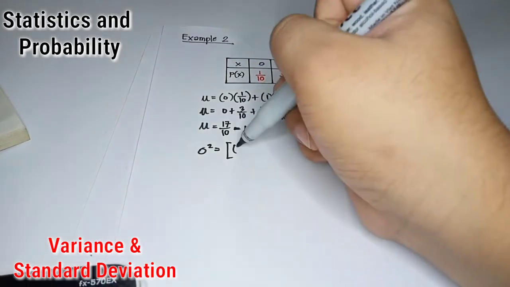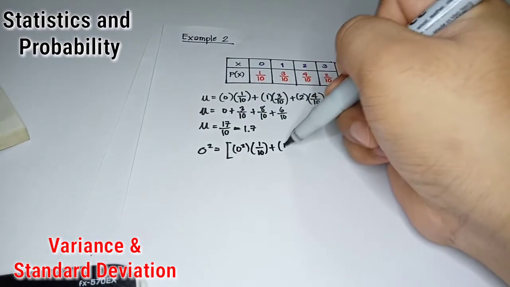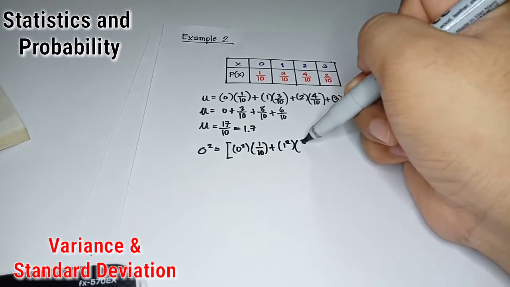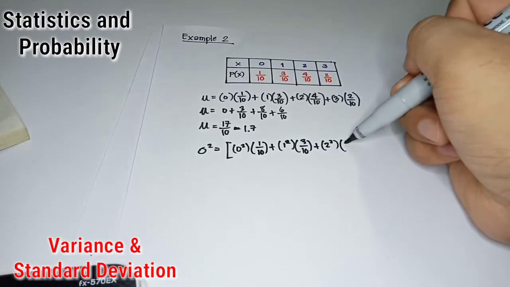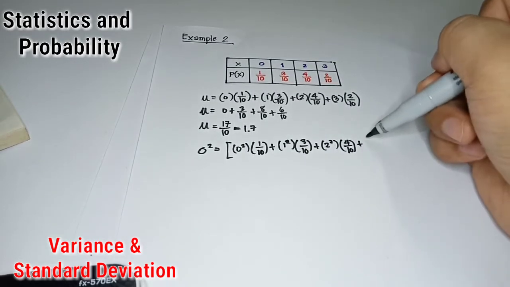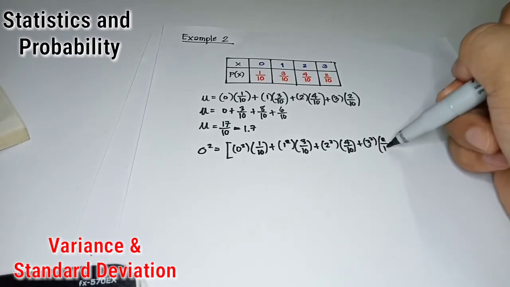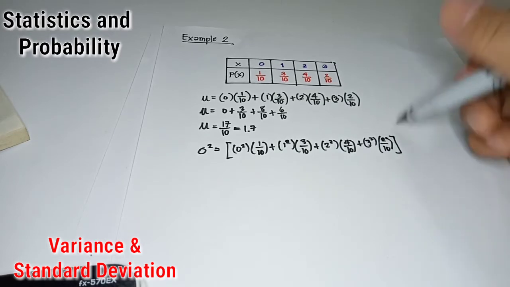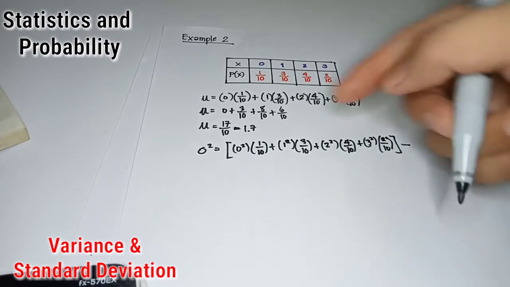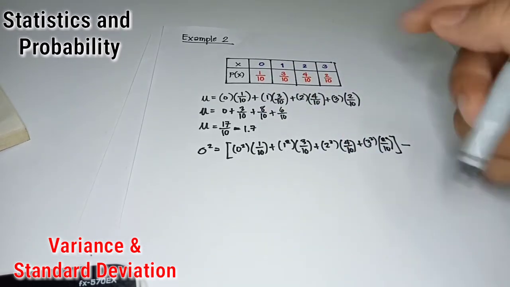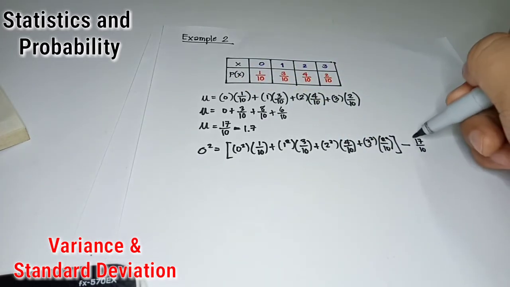So that is 0 squared times 1 over 10 plus 1 squared times 3 over 10 plus 2 squared times 4 over 10 plus 3 squared, multiplied with its probability, that's 2 over 10, bracket, minus the mean. Let me use 1.7 or 17 over 10, and then square.